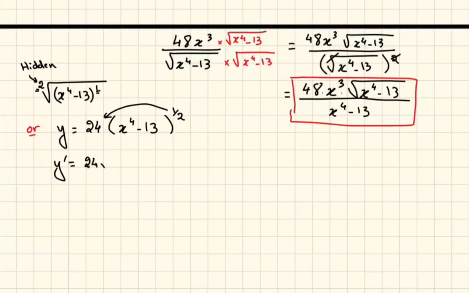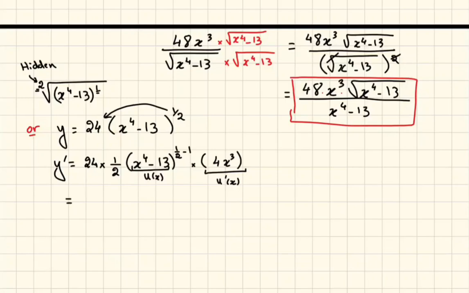So we get 24 multiplied by half, x exponent 4 minus 13 exponent 1 over 2 minus 1. But we don't forget to multiply by u prime. So this is the u. I need to multiply by u prime. U prime in this case is 4x cubed.